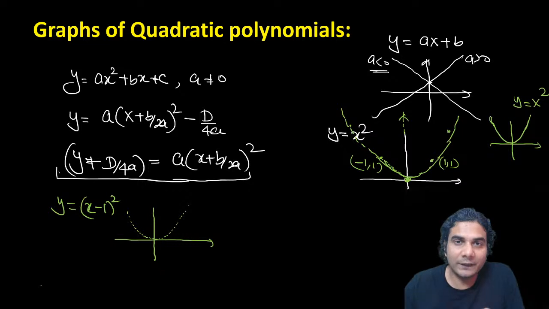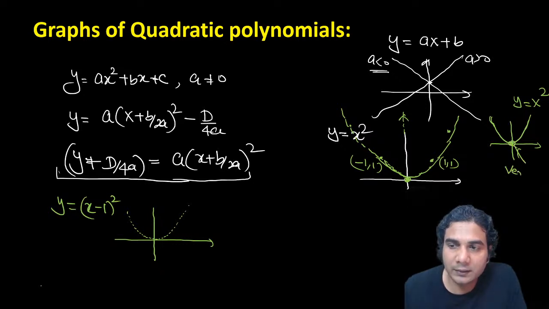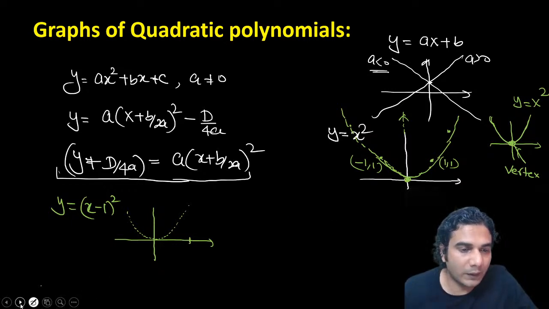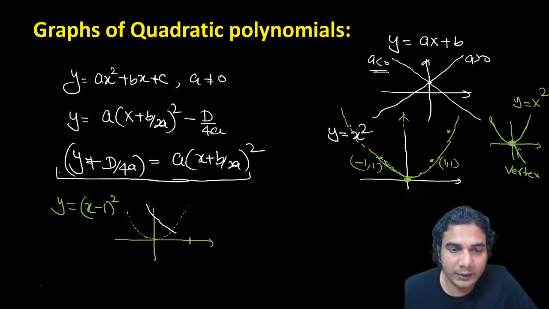So this graph is going to shift rightwards by 1 unit, all right? And this point is called the vertex. So this vertex is now going to be at 1 comma 0, here. So the new graph of the curve y is equal to x minus 1 the whole square is going to be like this, all right?